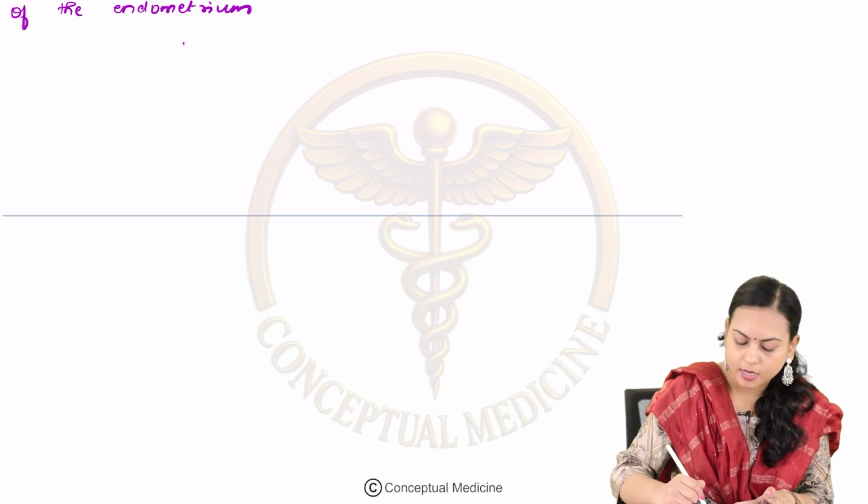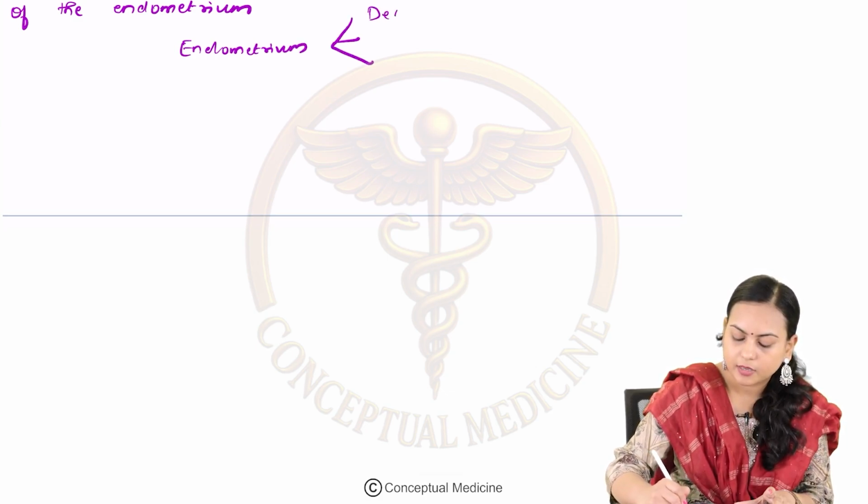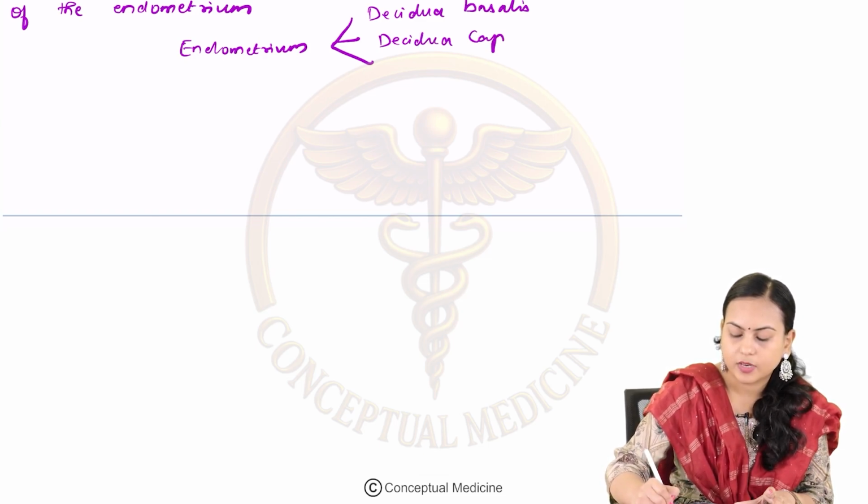Decidualization means the endometrium of the uterus is going to split into 3 layers, namely decidua basalis, decidua capsularis and decidua parietalis.